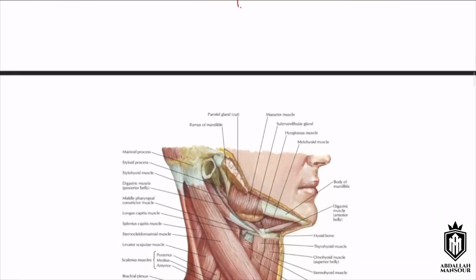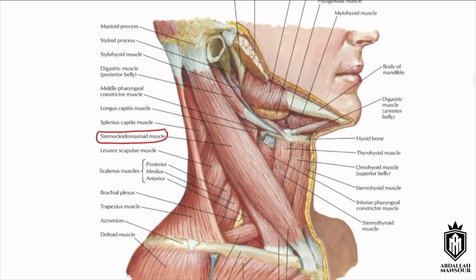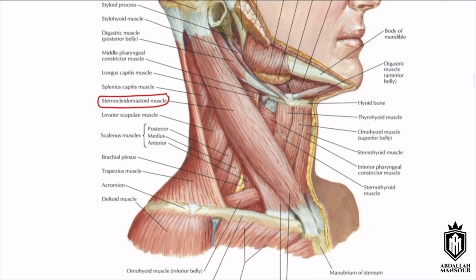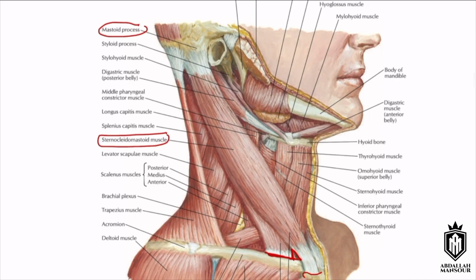It comes from the outer surface of the mastoid process, and it is inserted by two heads: a sternal head and a clavicular head. There is a small space between them, as you can see down there.